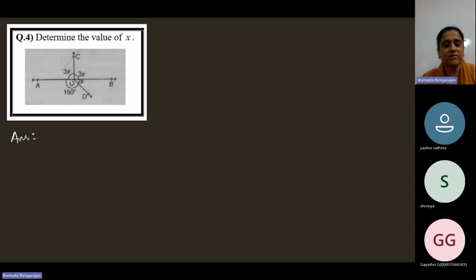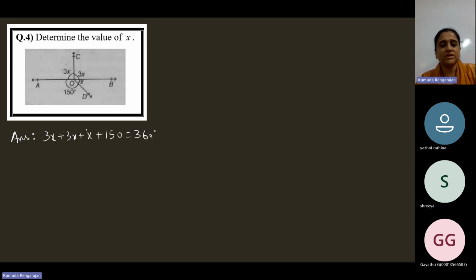Because we are given all the angles and no mention that AB is a straight line, we'll work it like this: 3x plus 3x plus x plus 150 is equal to 360 degrees. The question will be more specific; if AB is a straight line, it will be mentioned. When there are lines in the figure, whether a straight line or a broken line, it will be mentioned in the question.